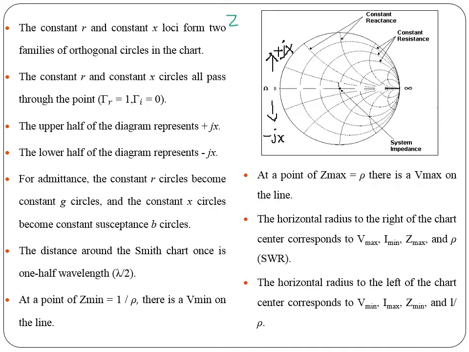On the chart, impedance is represented in R plus jX form and Y is in G plus jB form. The distance around the Smith chart once is 1/2 wavelength, that is 0.5 lambda.